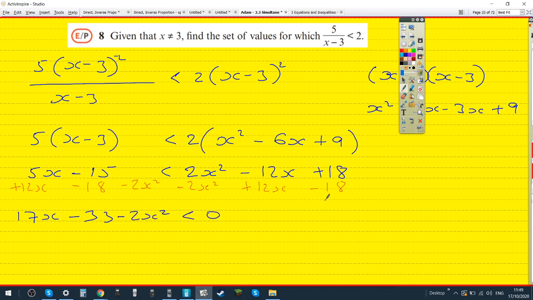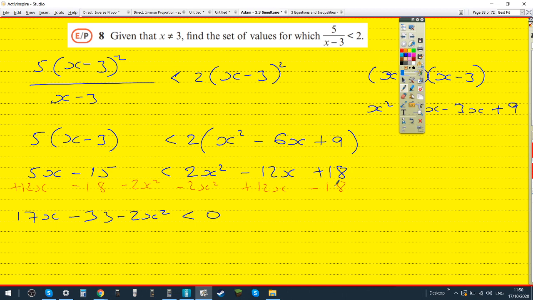It's not equal to 0, but we might as well finish it. Go on, put it in the calculator. Okay, so it'd be minus 2x squared plus 17x minus 33.